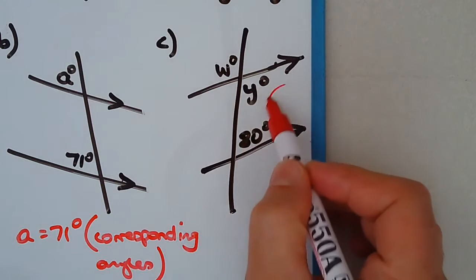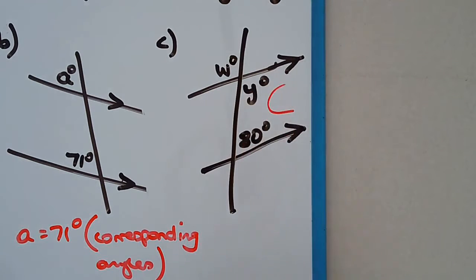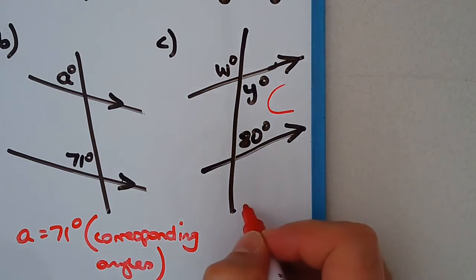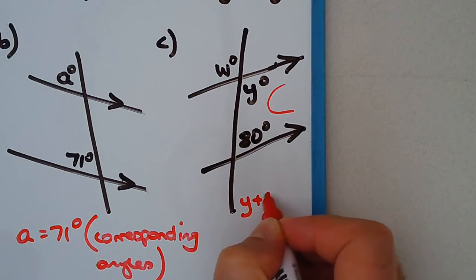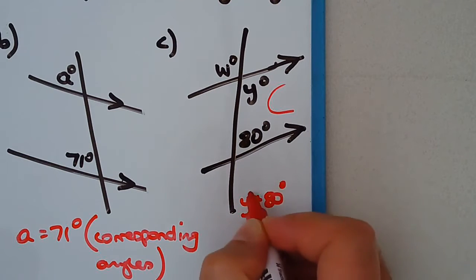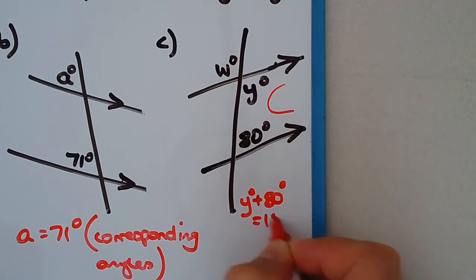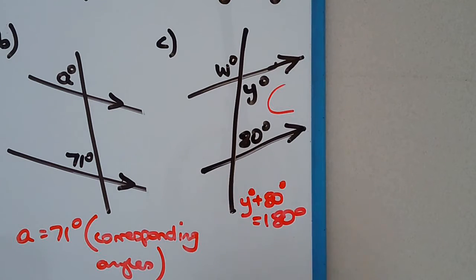It sort of forms like a C shape. Co-interior angles are supplementary, right? They add up to 180 degrees. So y plus 80 is equal to 180 degrees. y is equal to 180 minus 80, which equals 100 degrees.